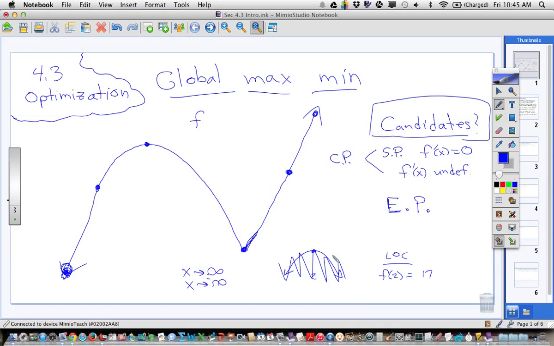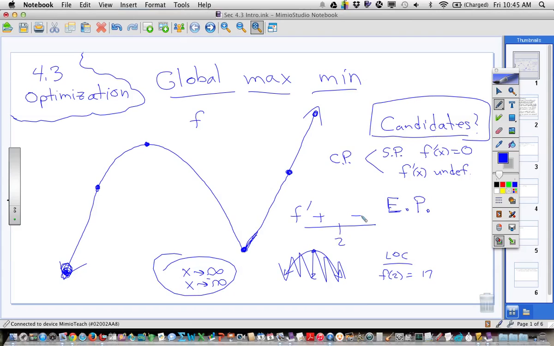Now here's the other thing you can do. If you don't like that idea of doing infinity and thinking about the end behavior, you could do a number line. We normally don't do a number line with global max min. But in this case, if you only have one candidate, say it's 2, and it's positive here and negative here, that means the graph of f is going up, then going down, right?